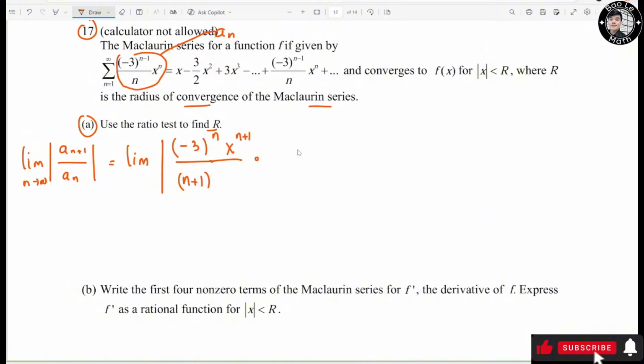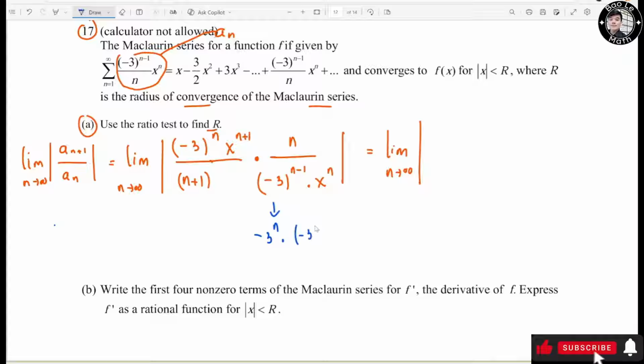We're going to multiply by its reciprocal, right? Now we're going to simplify this. The bottom right here can be written as negative 3 raised to the n times negative 3 to the power of negative 1, right? So this guy and this guy cancel out, right? So negative 3 to the power of negative 1, I'm going to bring it to the top. It turns out to be negative 3 to the power of 1, so it could be negative 3, right?